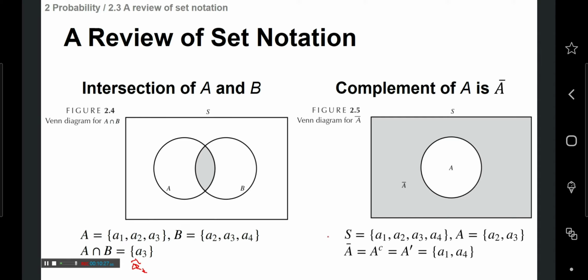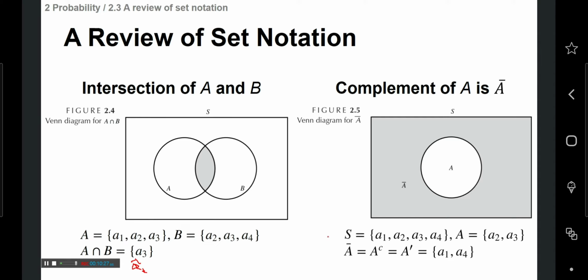For example, let's say elements A1 to A4 are inside the whole set S, and elements A2 and A3 are inside the set A. Then A complement, A bar, equals, here.